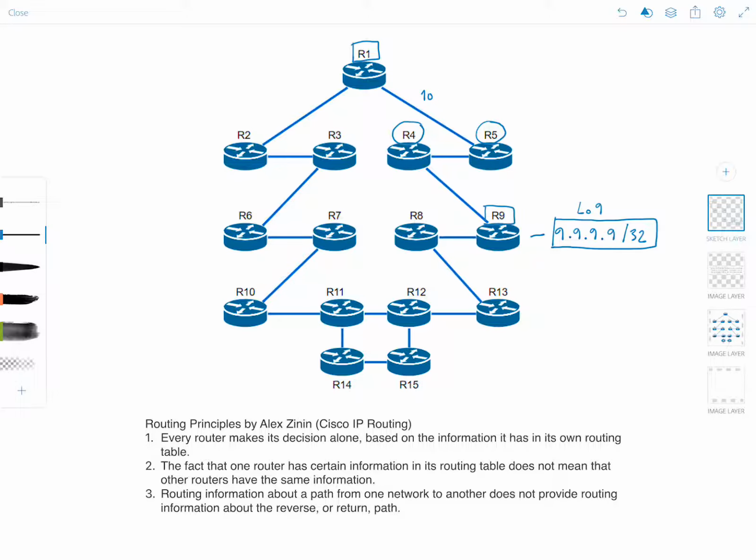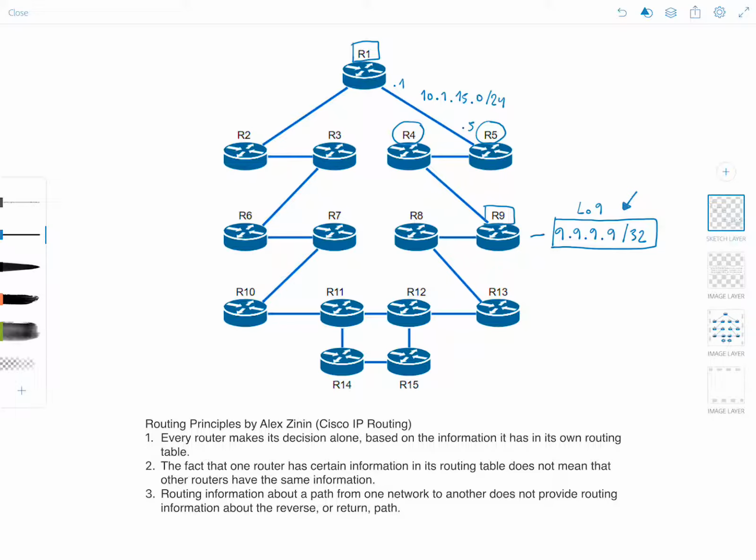Let's call this network between R1 and R5 10.1.15.0/24, and then give this one .1 and this one .5. So what would the IP packet look like? What would be the source IP address in the packet destined to this loopback interface?